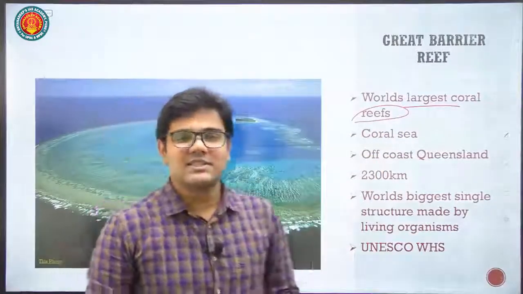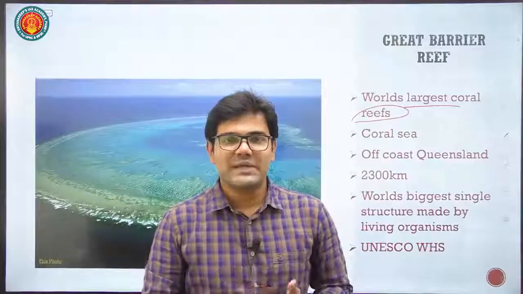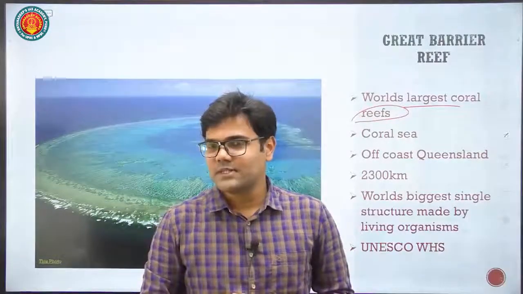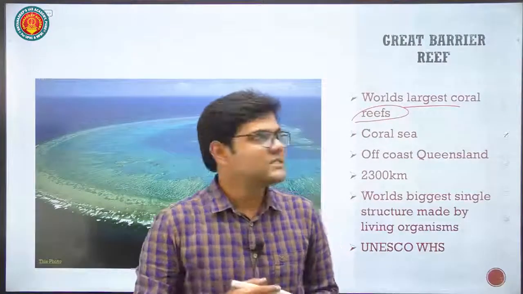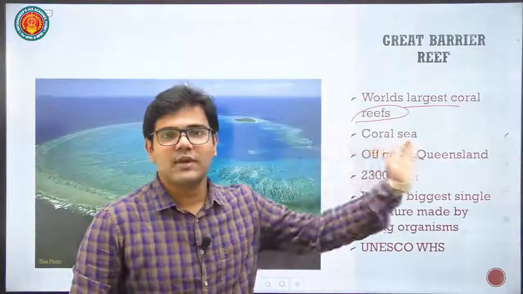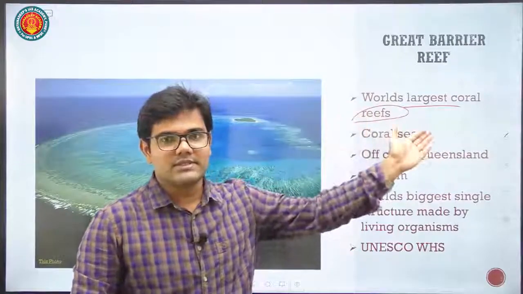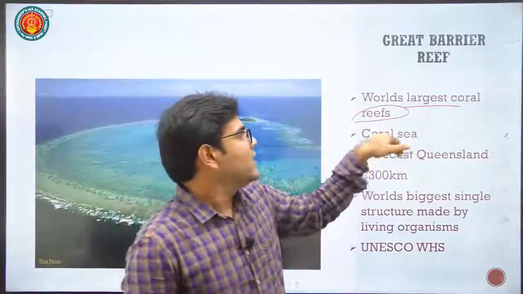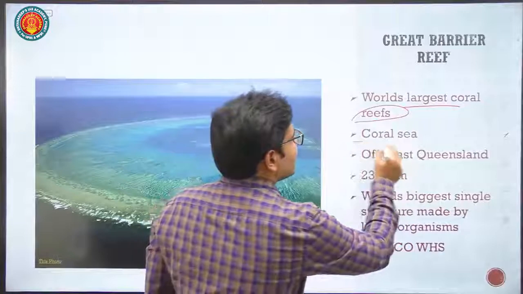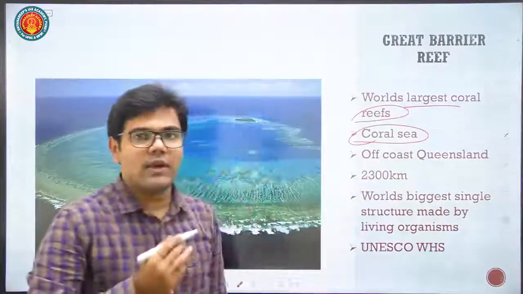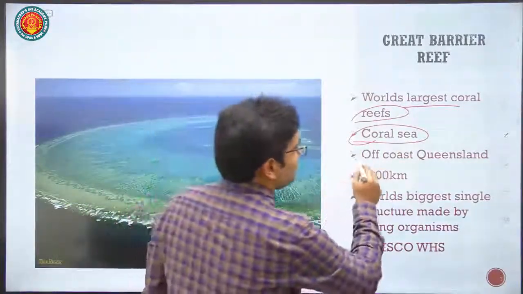In the examination they will ask you a question like this. Consider the following statements regarding Great Barrier Reef, and then they will say the Great Barrier Reef is located in the, suppose, Timor Sea or Tasman Sea. So you must know that the Great Barrier Reef is located in the Coral Sea, off the coast of Queensland.